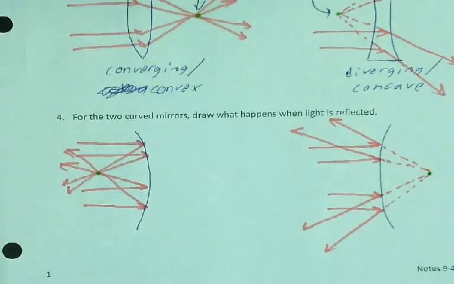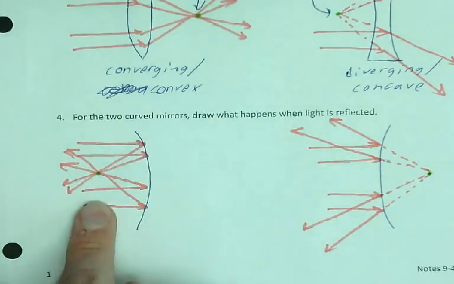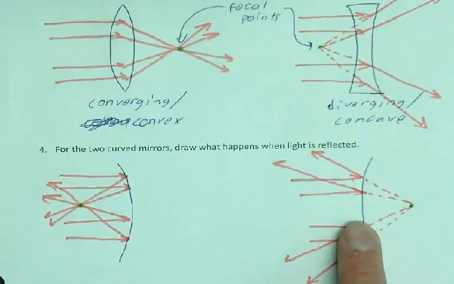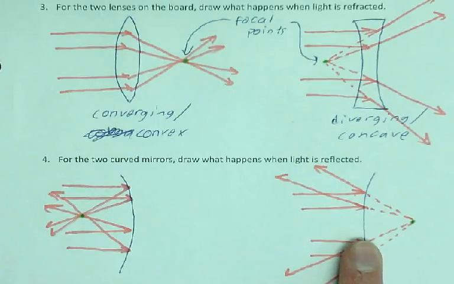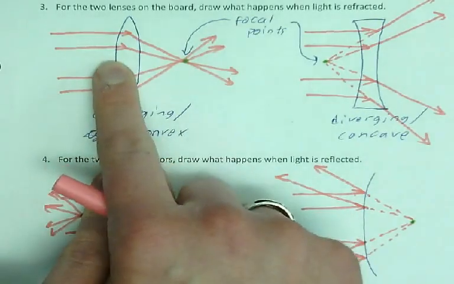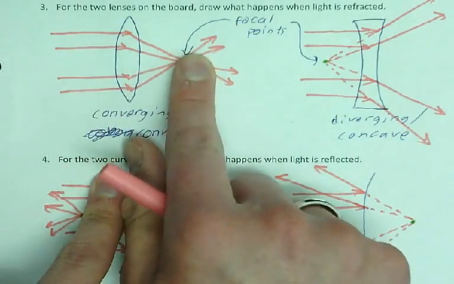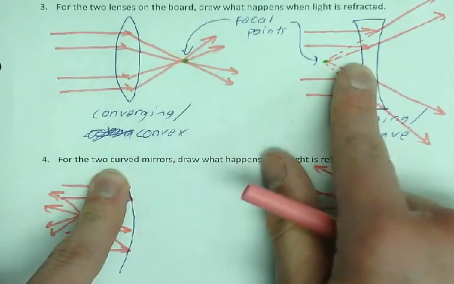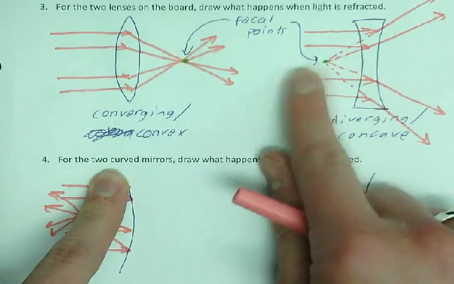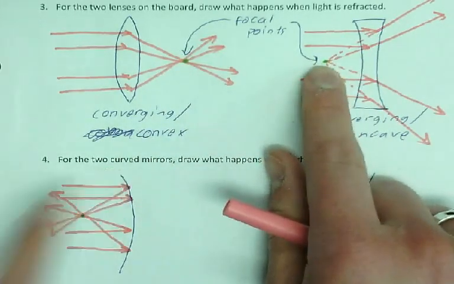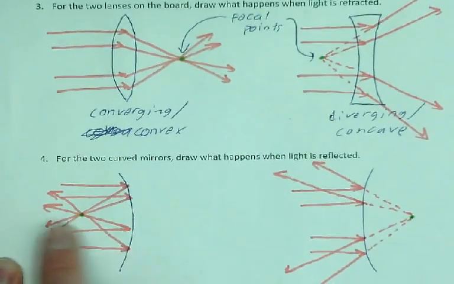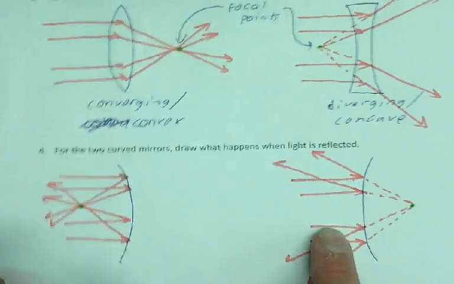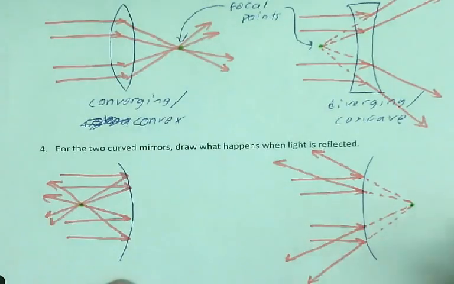Okay, so converging mirrors bring the light together to a point. Diverging mirrors spread the light away. And notice one difference between the refraction and the reflection. Converging lenses bring it together on the opposite side of the lens. Diverging brings it together, or appears to bring it together, on the close side of the lens. Mirrors are the opposite. Converging brings it together on the close side of the mirror, and diverging seems to bring it together on the far side of the mirror.